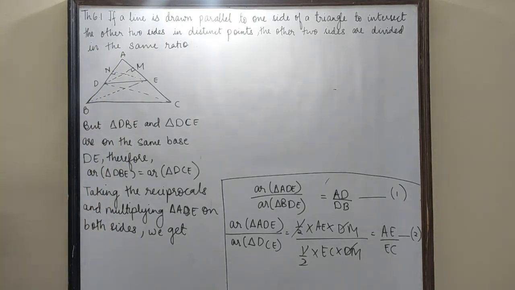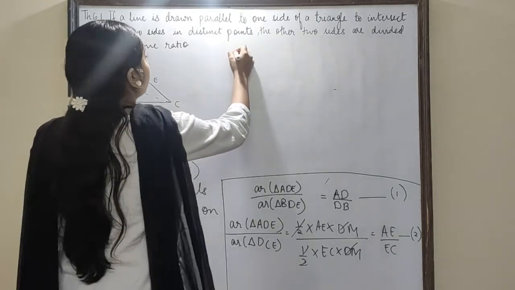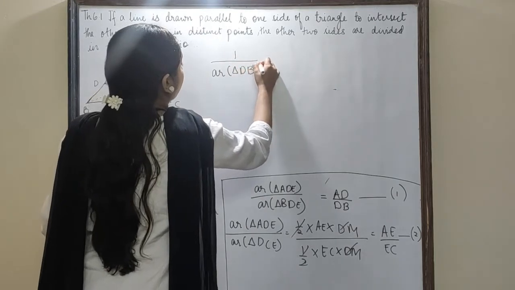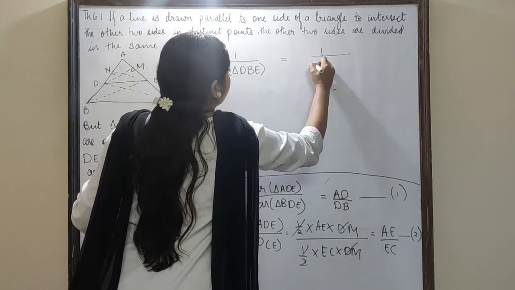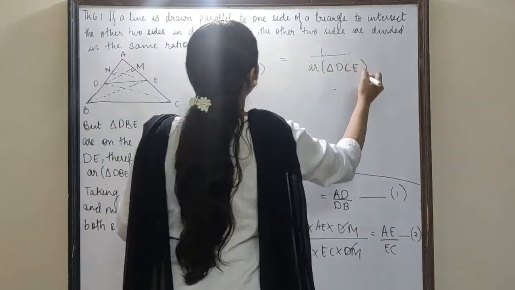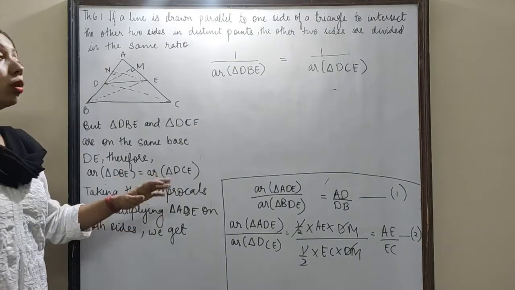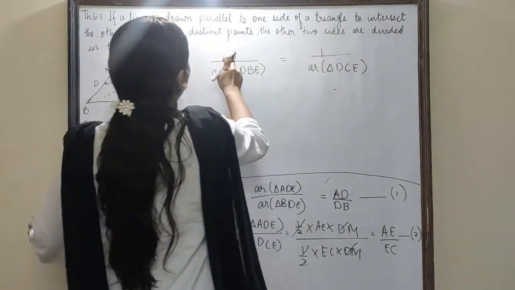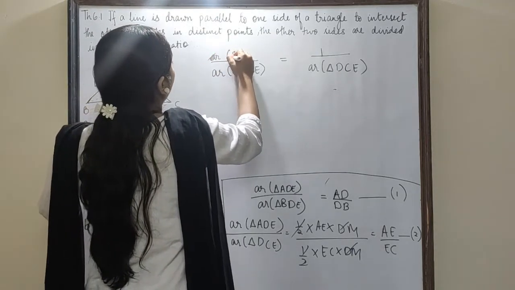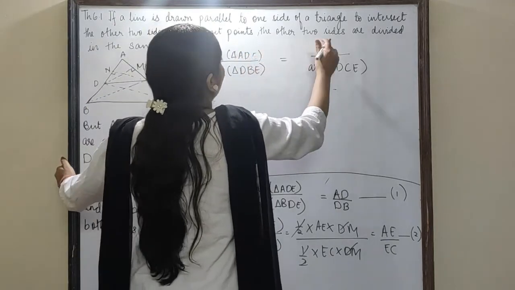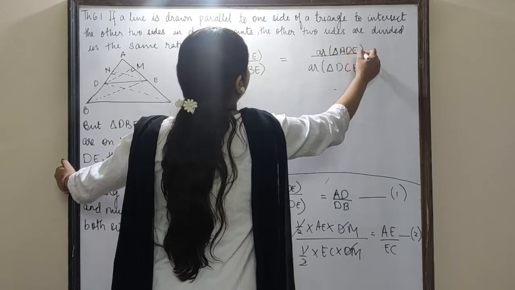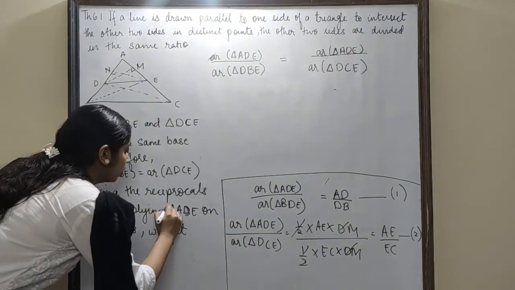So firstly we take the reciprocal: 1 upon area of triangle DBE is equal to 1 upon area of triangle DCE. And also we multiply triangle ADE on both sides. So this becomes area of triangle ADE, here also area of triangle ADE.